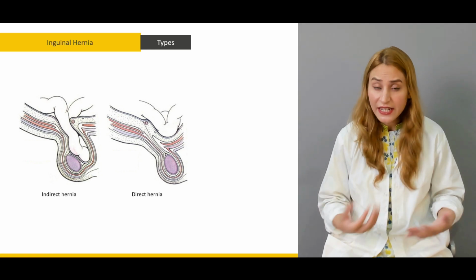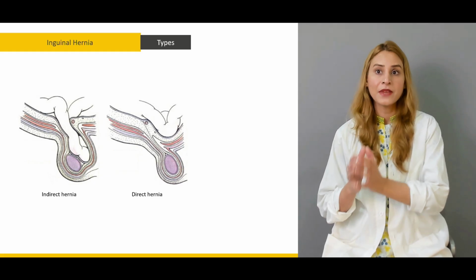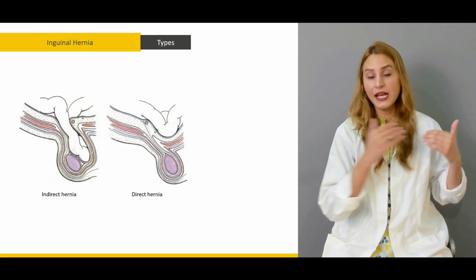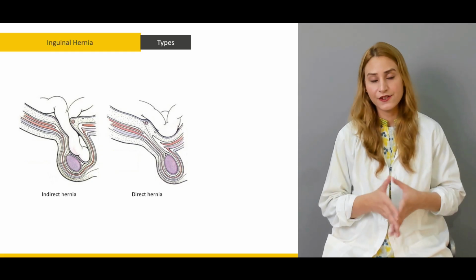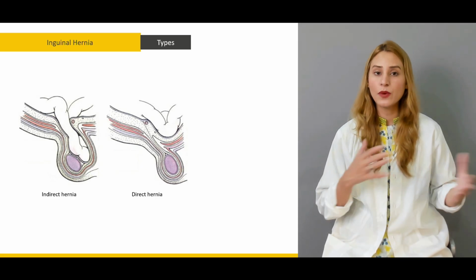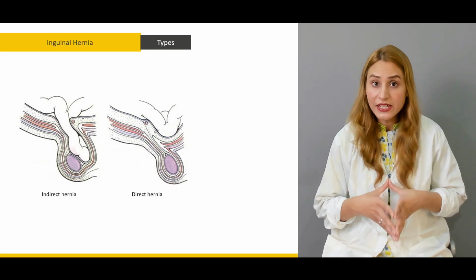But in the case of direct hernias, what happens is that when the testes move down from the abdomen to the scrotum, they pull a layer of peritoneum with them. Most of the time this layer is called the tunica vaginalis.